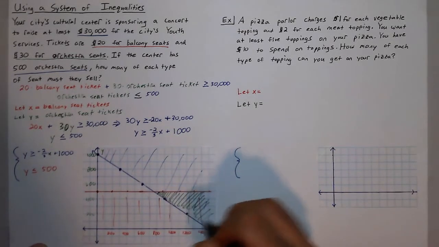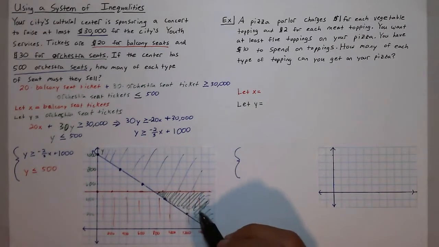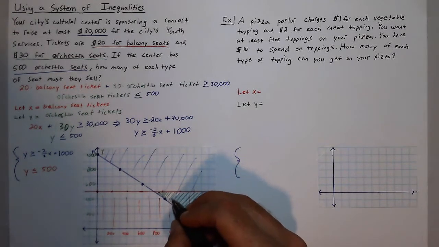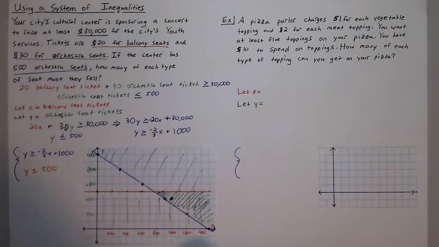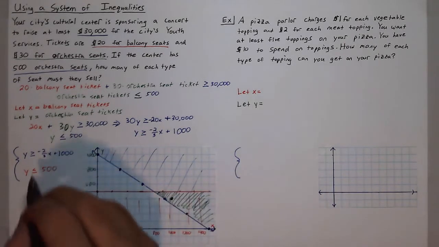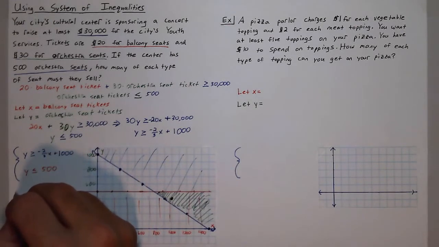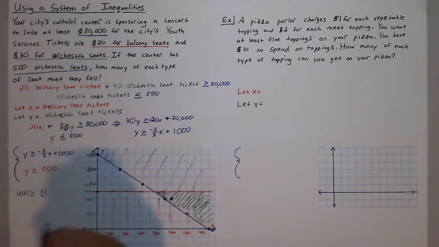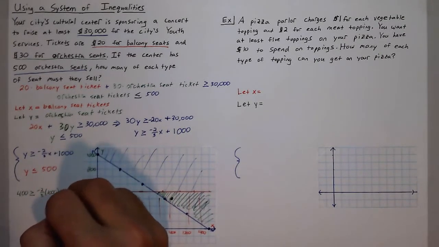And again, it's always important to check, but any combination of tickets in this green region will meet the goal of $30,000. But if I wanted to check a point, here's a point at 1,400. If I were to plug that in, I would have y is 400 is greater than or equal to negative 2/3 times 1,000 plus 1,000.